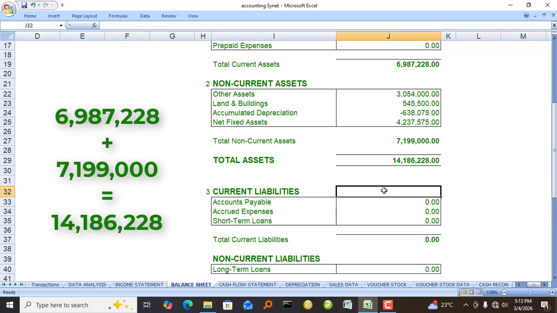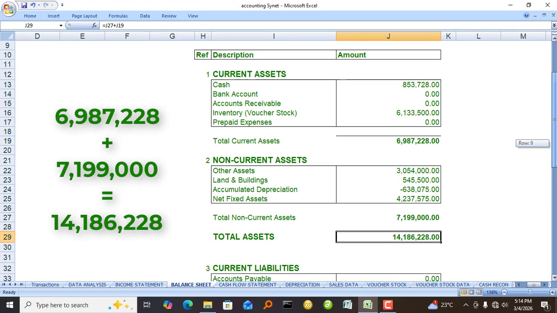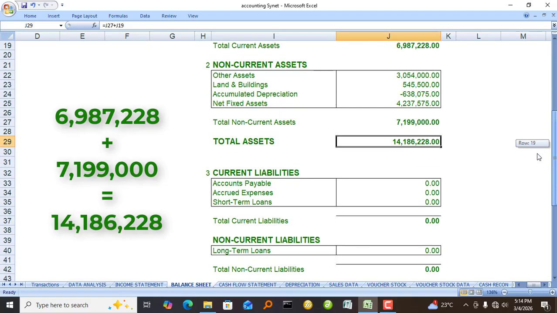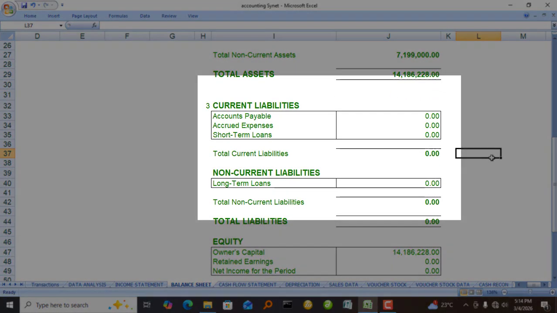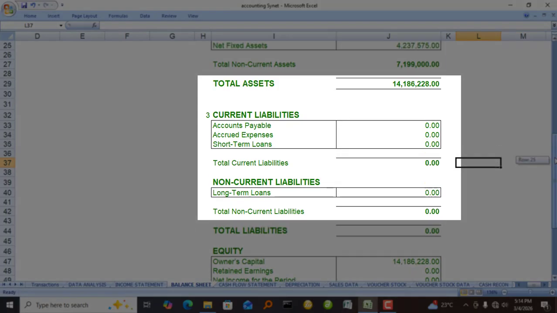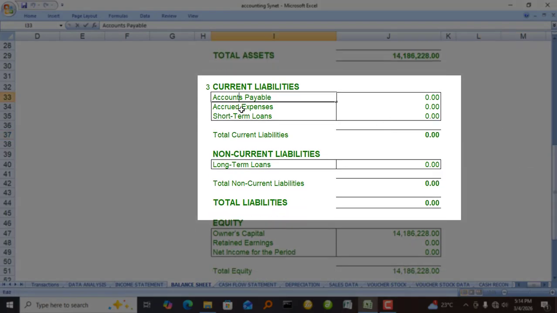So we have our total assets at 14,168,228. Yeah, and that's okay. Now liabilities, I'm going to go a little bit summary on this. These are things you owe.